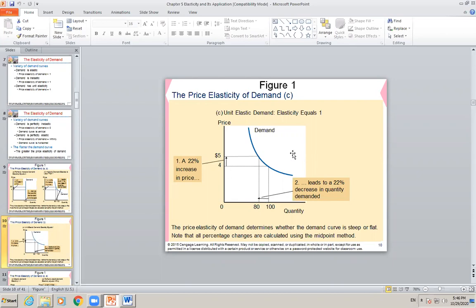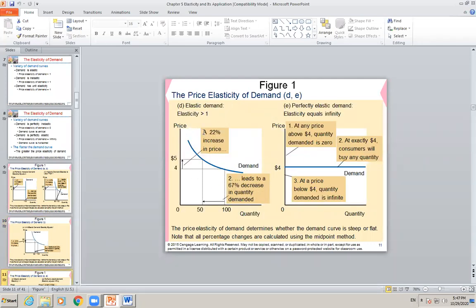But when it's unit elastic, a change in the price will bring the same change in the quantity. A 22% increase in the price will bring a 22% decrease in the quantity. So 22 divided by 22 will bring you exactly 1. But when you divide 11 by 22, it brings you half, 0.5, which is less than 1, which is inelastic. If it's 1, it's unit elastic. If it's more, it's elastic.